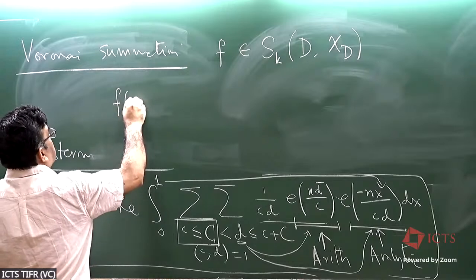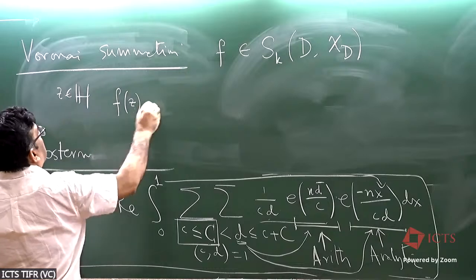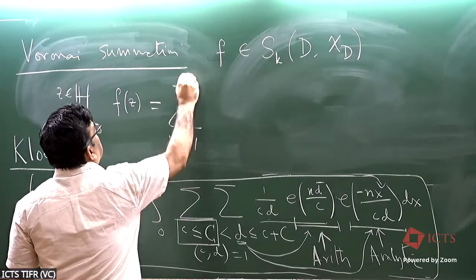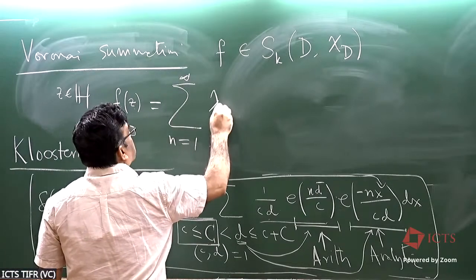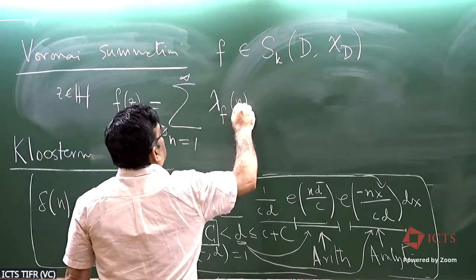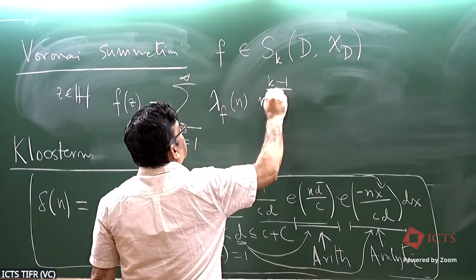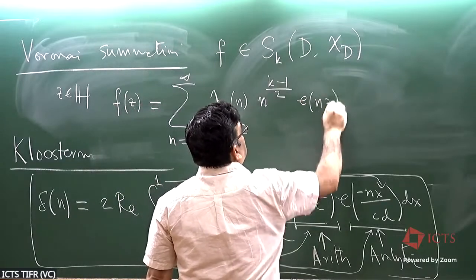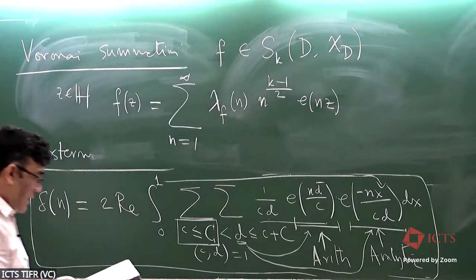So z is a point on the upper half plane, and f(z) is a sum over n from 1 to infinity of the normalized Fourier coefficients lambda f(n), normalized by putting a weight n to the power (k-1)/2, times e(nz).